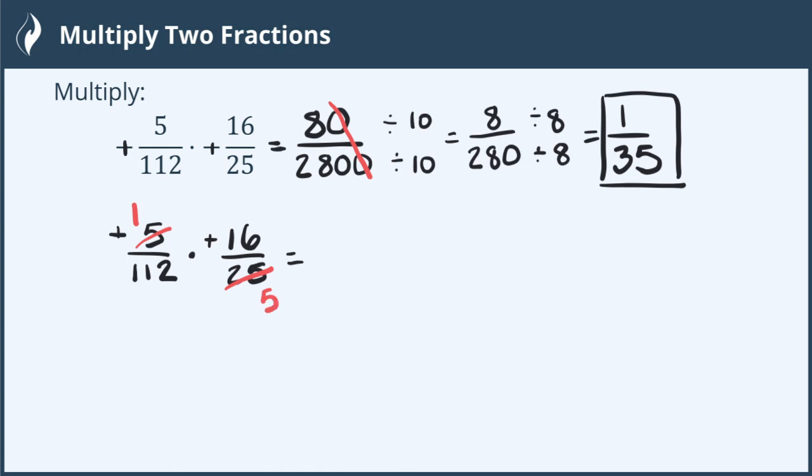And then I can look at 16 and 112. I do know that those are both divisible by 16. But if I didn't, I could at least say that they're both even and divide them by 2. If I did that, I would get 8 and 56, since 112 divided by 2 is 56, and that would show me that they are both even, just like we could have done before.